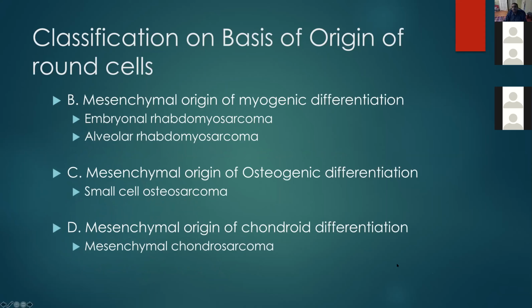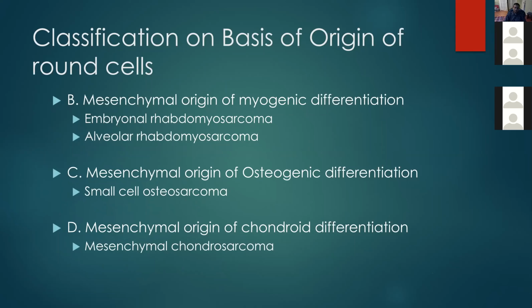Then you have mesenchymal origin, but mesenchymal, of course, has multiple different origins. One is muscle origin, so it may show a rhabdomyosarcoma, or it could be of bone origin, then you call it an osteosarcoma, or it could be of chondroid differentiation, then you call it a mesenchymal chondrosarcoma.